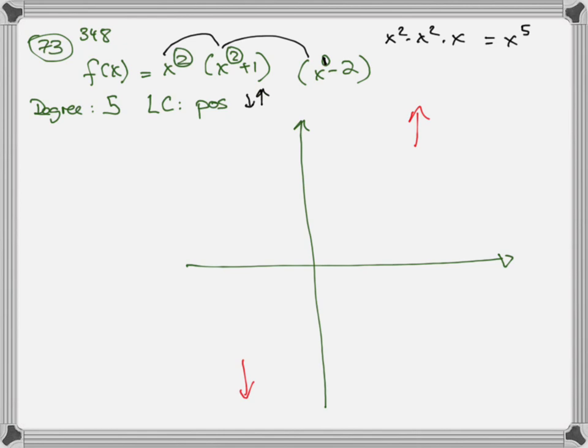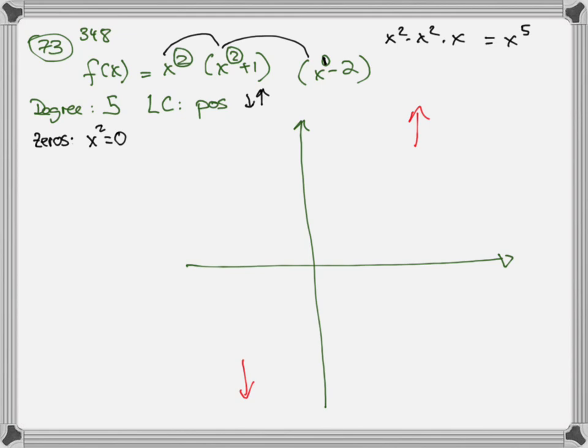Okay. Now let's find the zeros. We find the zeros by either doing synthetic division or factoring, or if I already have factors here, I just set each factor equal to 0. So what is my first factor? X squared.